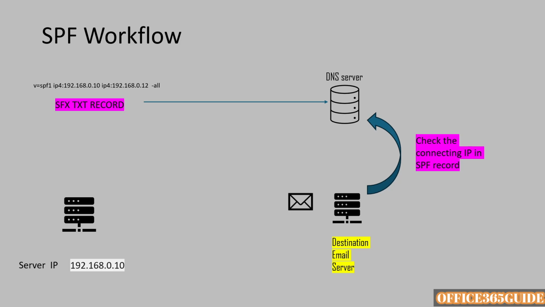If it finds the SPF record and there is an IP address of 192.168.0.10 in the DNS server, or basically in the SPF record that's stored in the DNS server, then it will be marked as a valid sender and the SPF will pass. If the IP address is not found, then this destination server will mark that sender as a non-valid sender and SPF will fail.